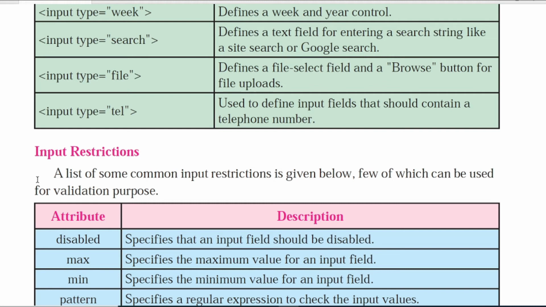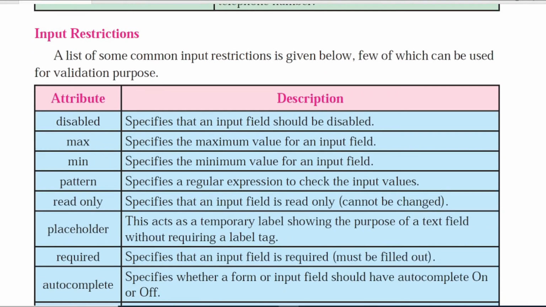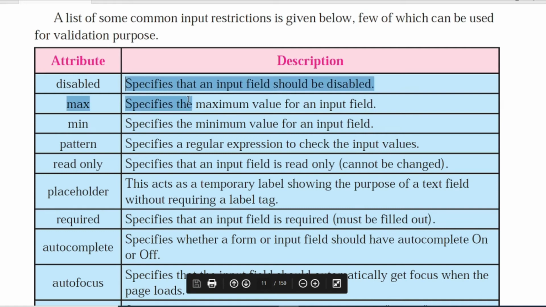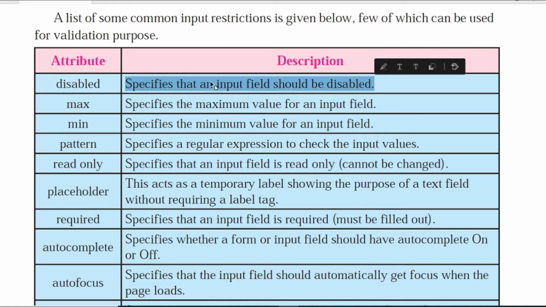Moving on to some input restrictions. My dear students, a list of some common input restrictions is given below, a few of which can be used for validation purposes, such as disabled, max and min. These are the most frequently used ones. Disabled specifies that an input field should be disabled. If we want a particular input field disabled, and we don't want the user to fill in data, we can disable it permanently using the disabled attribute.